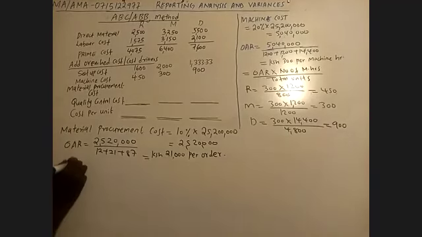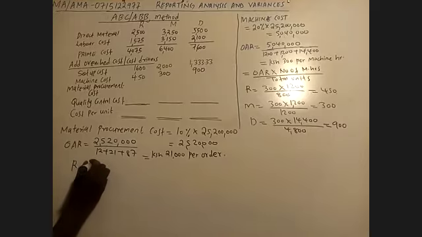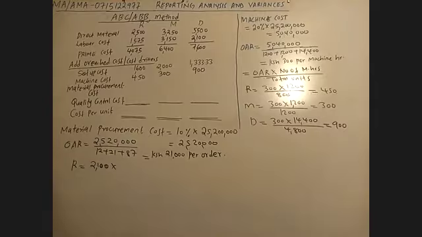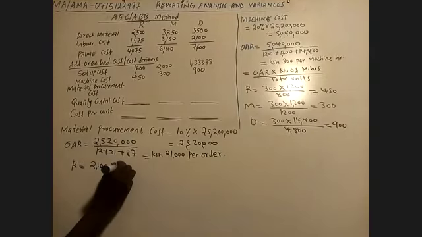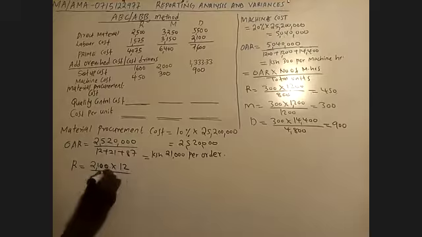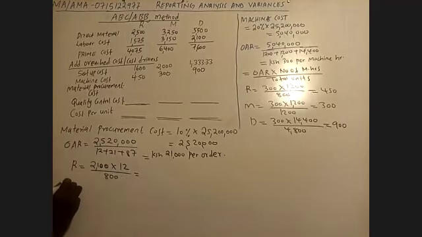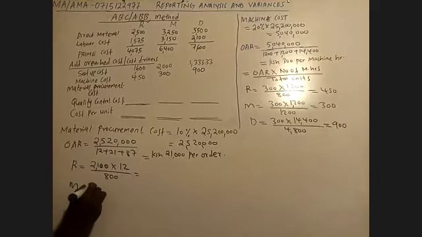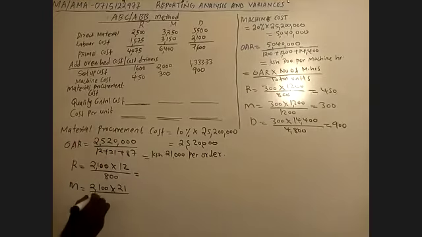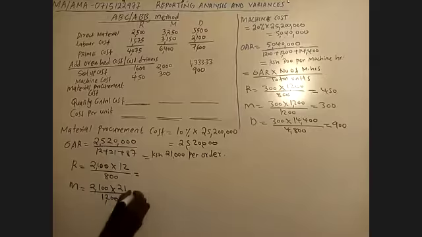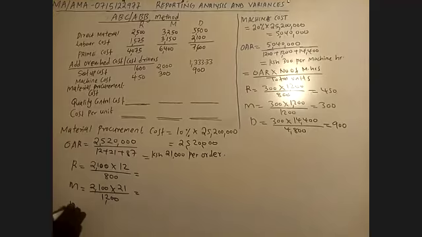So we start with the first product, the number of orders. Cost per order 21,000. How many orders do we have? The 12. But we need them in units, so we divide by 800. Then look at the next, M. Cost per order 21,000. How many orders? 21. Divide by total number of units so that you can get cost per unit. Then D, cost per order 21,000.